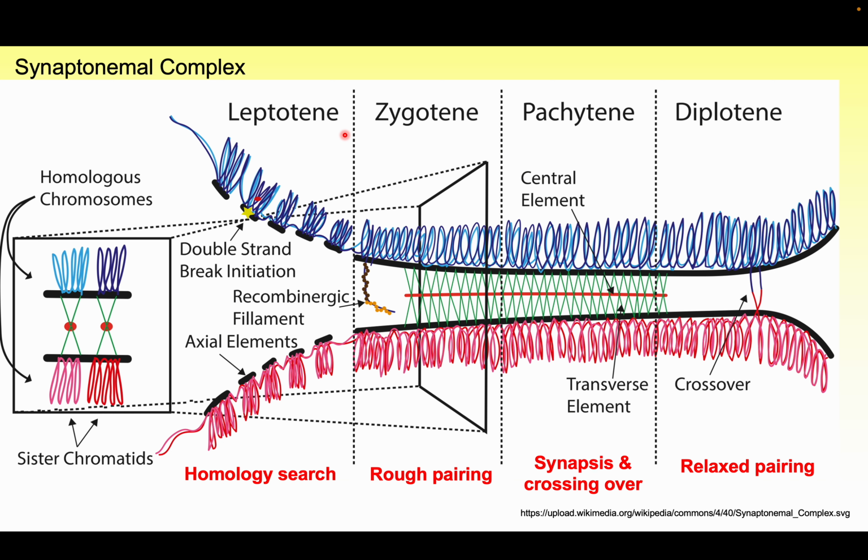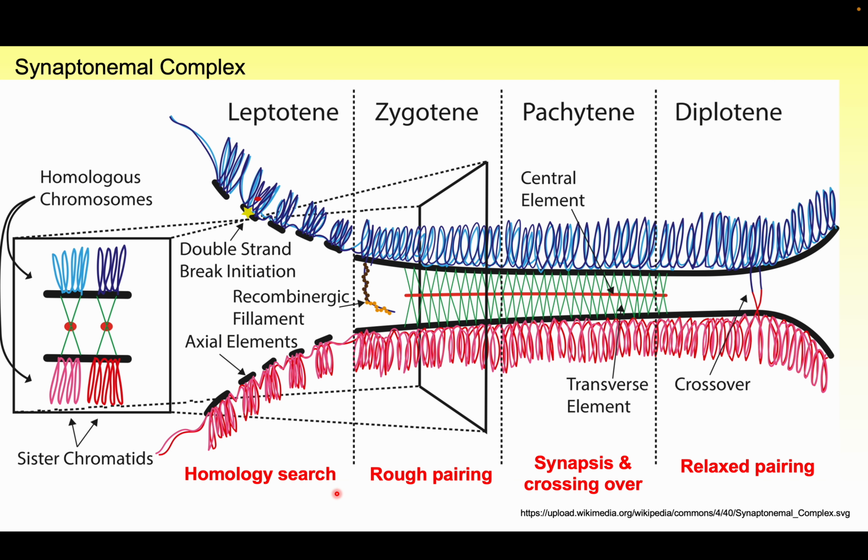Okay? So here you can see the sequence of events from leptonema to diplonema, right? During leptotene, homology search is the key event. So the homologous chromosomes will really try hard to ensure that they find one another.